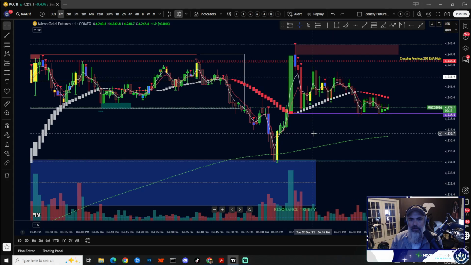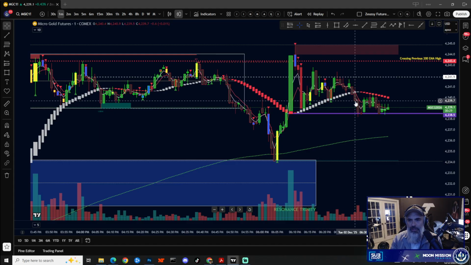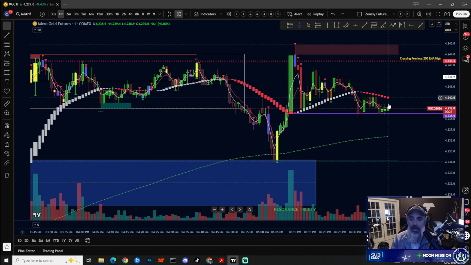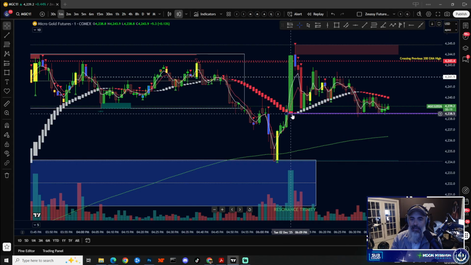So let's go back and look at where we are now. You'll notice that the candles we've got right now, we have no resonance candles printing whatsoever. We're literally just chopping sideways, and we are sitting on a Heikinashi line right here. You can see it's where the uptrending Heikinashi meets the downtrending.